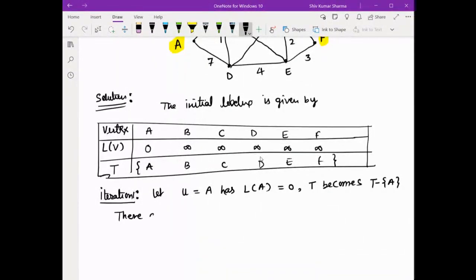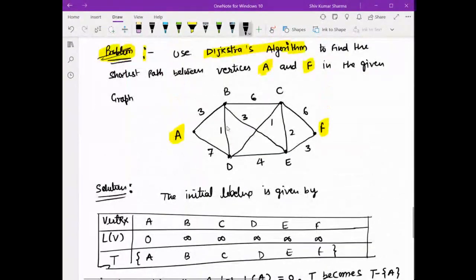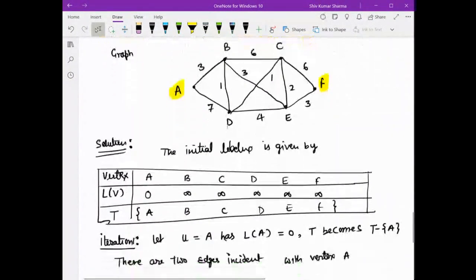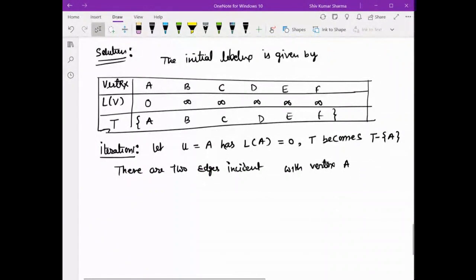So we write there are two edges incident with vertex A. These are the two edges, AB and AD. So two edges AB and AD are incident with vertex A. We write in bracket AB and AD.